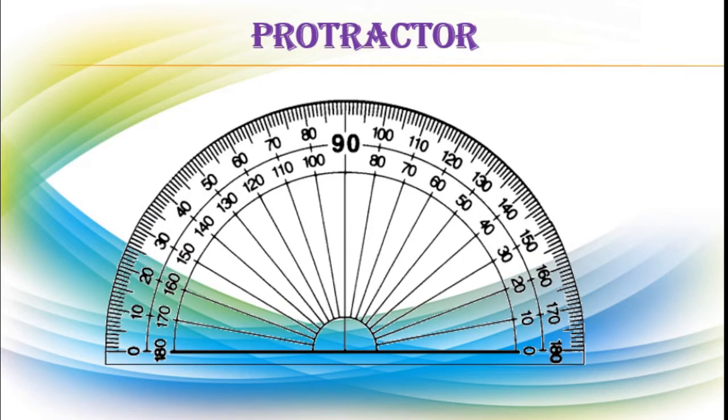Remember this. Now see, this is a protractor. I think you have seen this in your geometry box. Some students call this one a D. That is not the proper word for this. The real name is protractor.